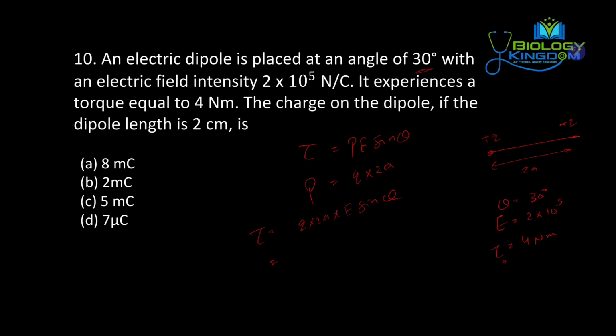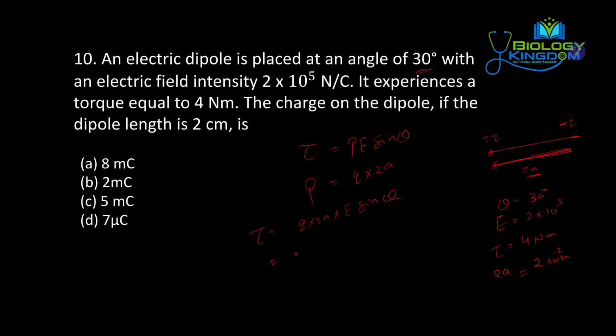The dipole length here is not the value of a, it is the value of 2a. We have taken the dipole length from this point to this point as 2a, so the total dipole length is 2 centimeter, that means 10 raised to power minus 2 meter.